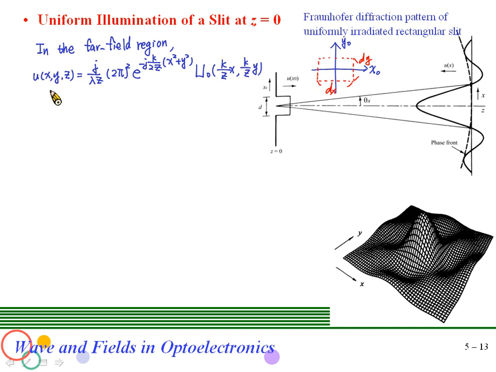far field region. So to find out the Fourier transform of the initial amplitude, we have to express the initial amplitude u sub 0. According to the plot here, we can define the initial amplitude u0 in this way.